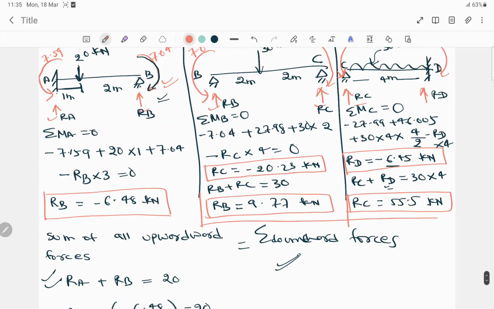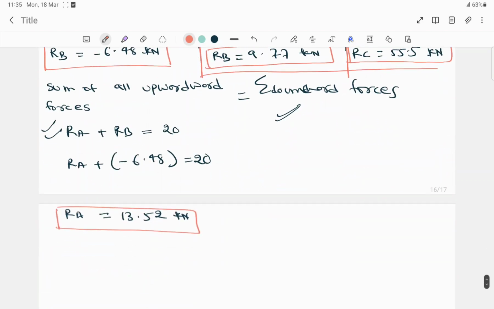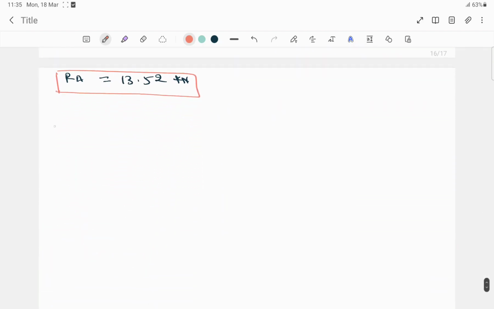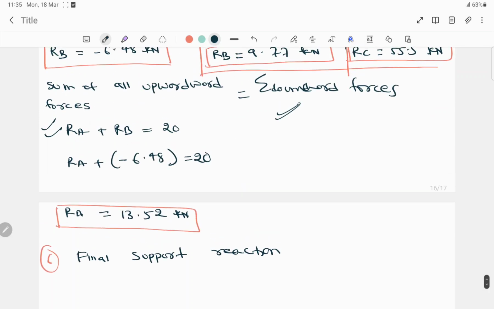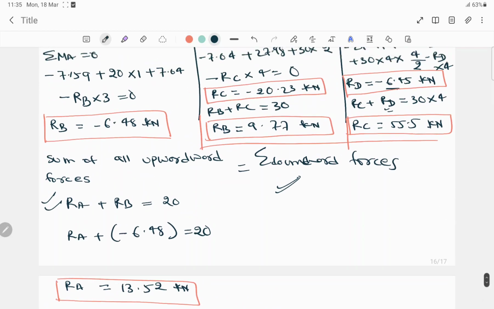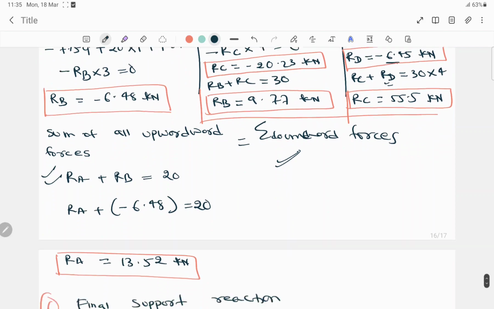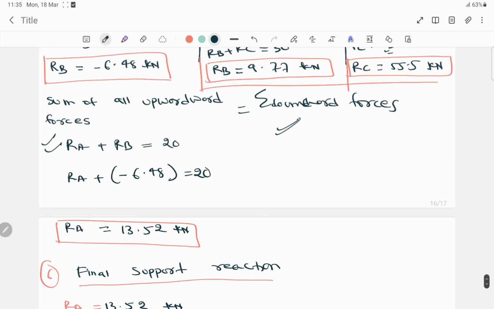So finally, the final step to find the total support forces. Sixth step is to find the final support reaction. So final support reaction here. Ra value is equal to, we have a value for Ra, right? Ra is this one, 13.52 kilonewton, and Rb value is equal to, what was the value for Rb?